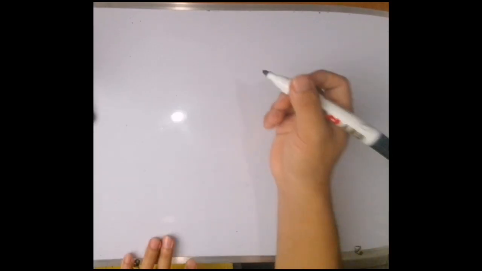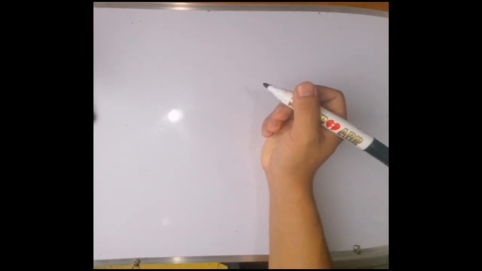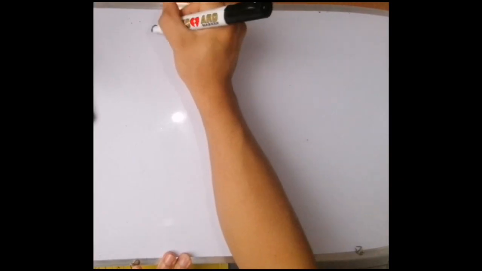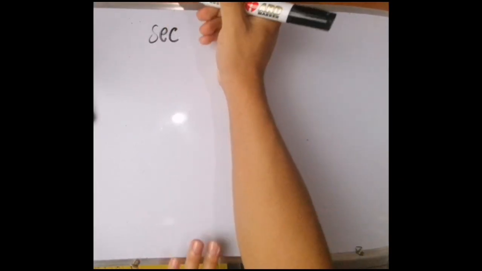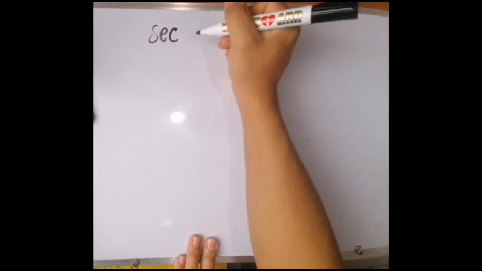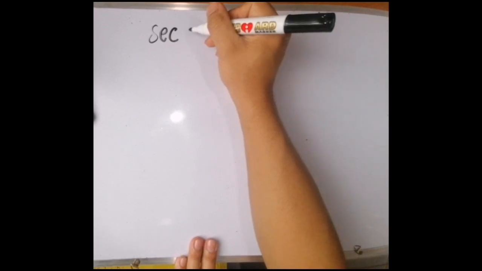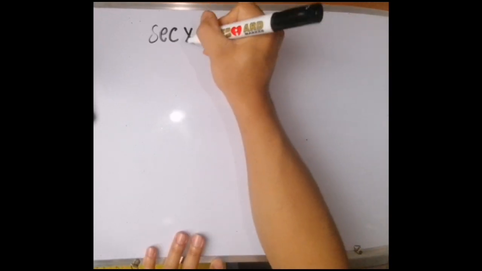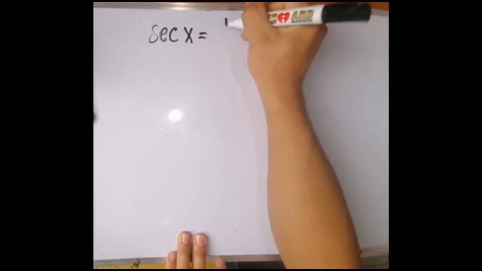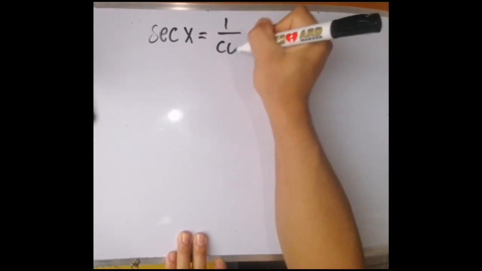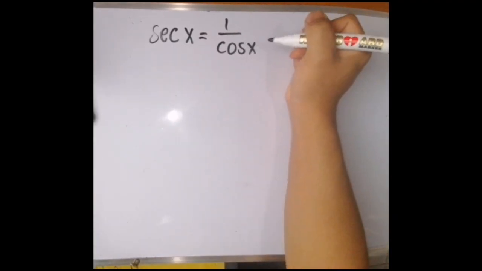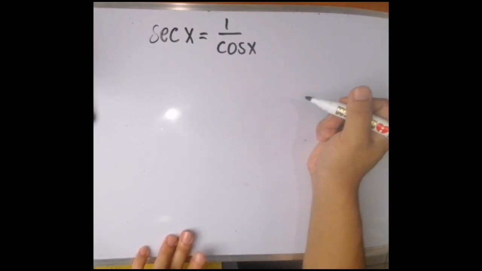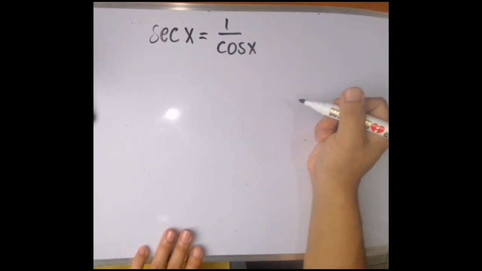Remember, secant is 1 divided by cosine. So secant x equals 1 over cosine x. Let us begin by graphing the cosine first, and then we can graph the secant.